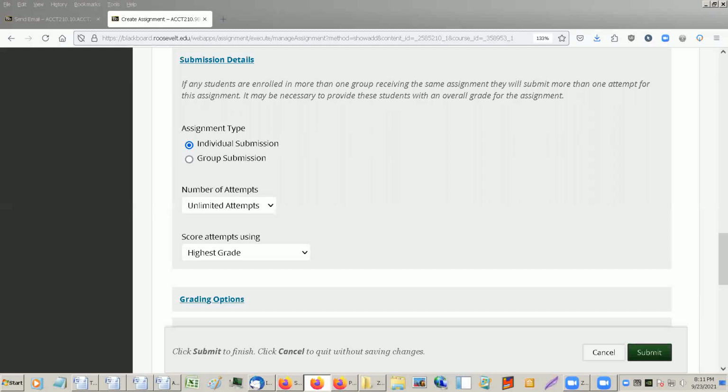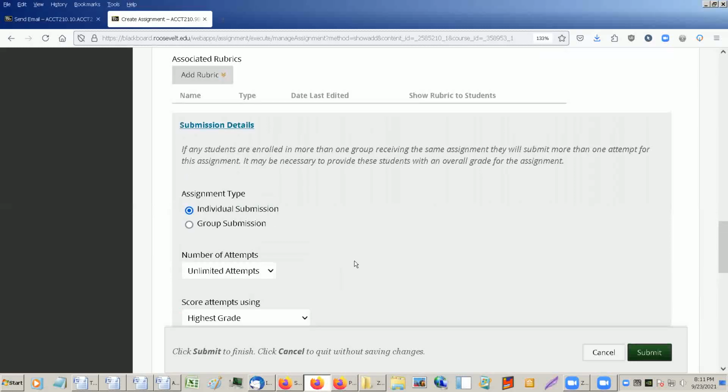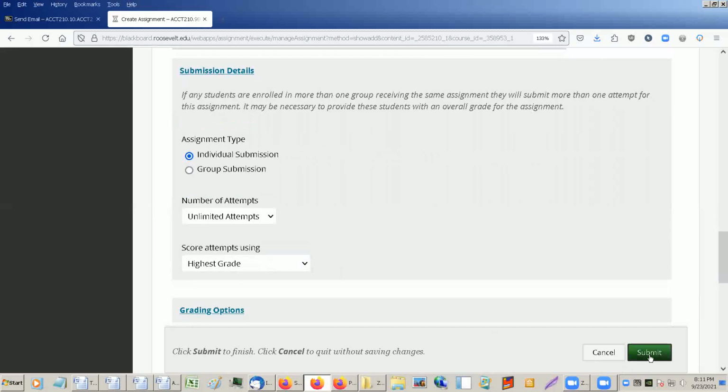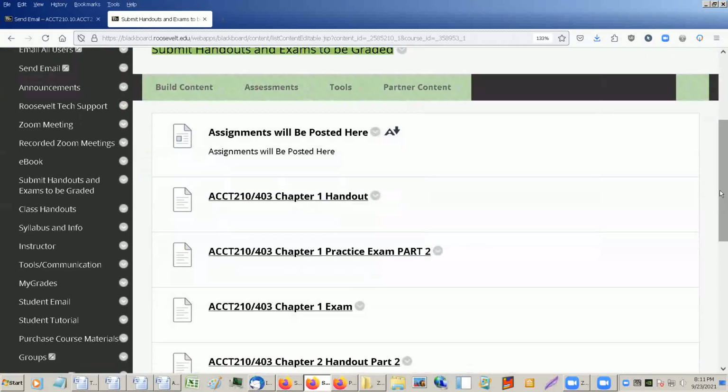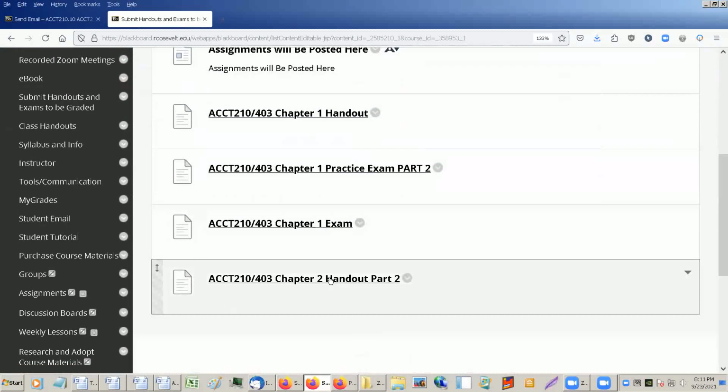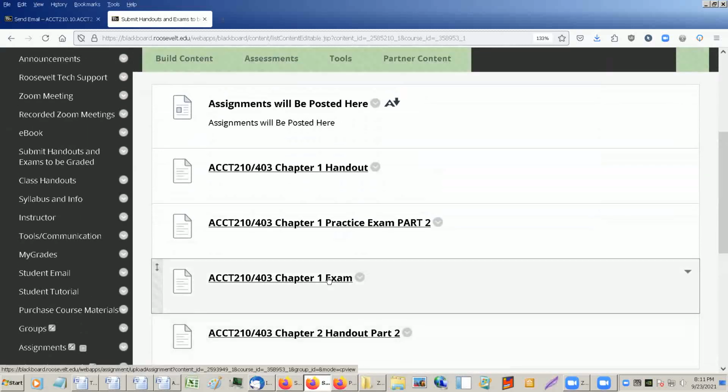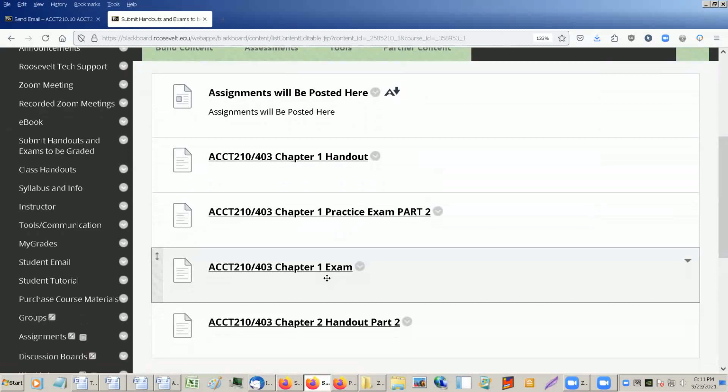Okay, so that'll be that. Wait, I didn't submit. Okay, here we go. Hit submit here. So, the chapter 2 handout. And again, if you submit the wrong thing or miss a page or something like that, that's fine.